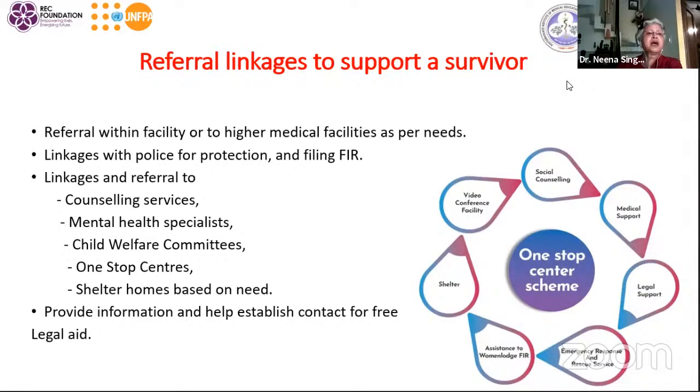Linkages and referral to counseling services, mental health specialists, child welfare committees, one-stop centers, shelter homes based on need, and provide information and help establish contact for free legal aid. So there is a one-stop center scheme where there is an administrator, and if the woman goes to the one-stop center, everything is taken care of in one place itself. They facilitate all the linkages.